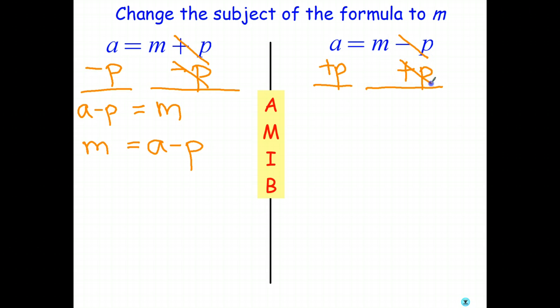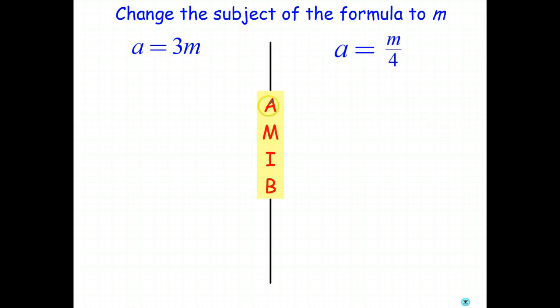Minus p plus p, well, you can say it equals 0, because minus 6 plus 6 is 0, minus 10 plus 10 is 0, minus p plus p is 0, or you can just say they cancel out. That leaves m on the right and a plus p on the left, and then just swap sides. M equals a plus p. Okay, moving on to the next question.